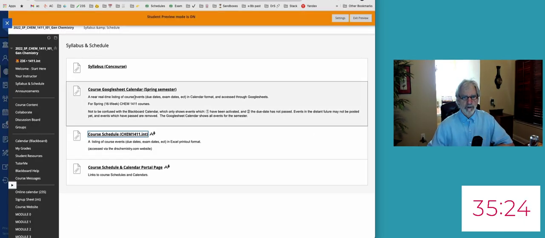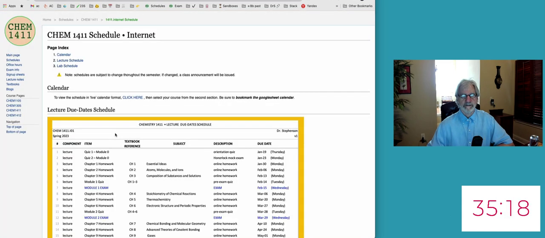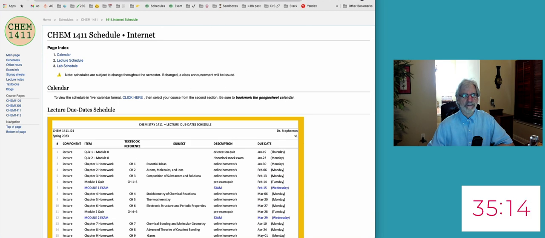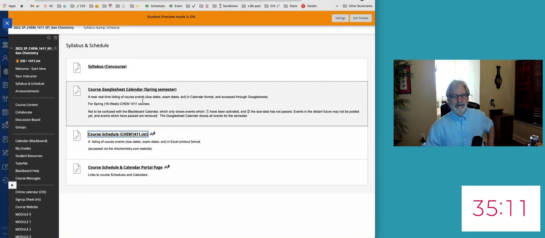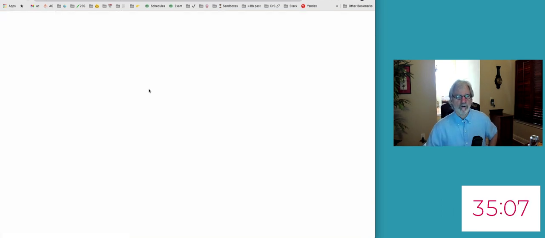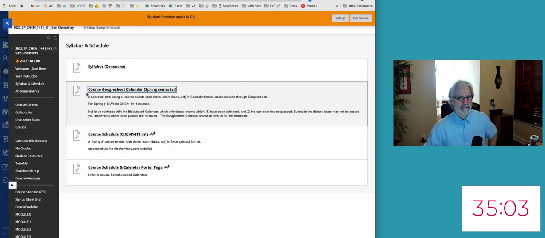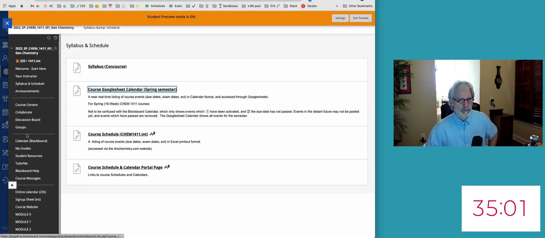The same or nearly the same information is provided in a schedule format. And let's look at the course schedule. It's just in tabular form as opposed to being in a spreadsheet. One more quick remark regarding the calendar. This calendar lists all events as I showed you, as opposed to the Blackboard calendar.